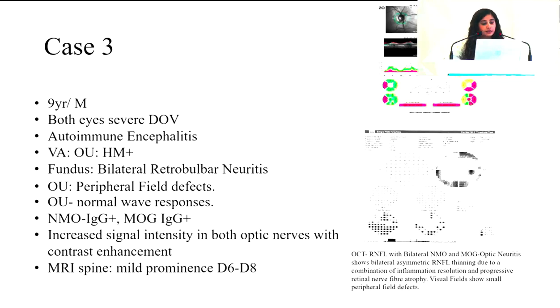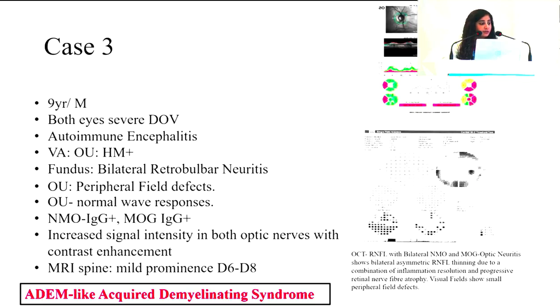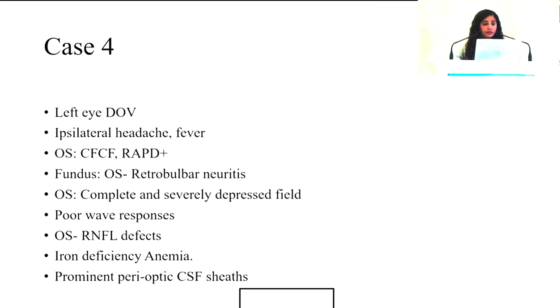In the third case, we had bilateral retrobulbar neuritis, and this patient was reported to be MOG and NMO antibody positive. An MRI spine was also done for this patient, showing mild prominence in D6 to D8, and a diagnosis of ADEM-like acquired demyelinating syndrome was made.